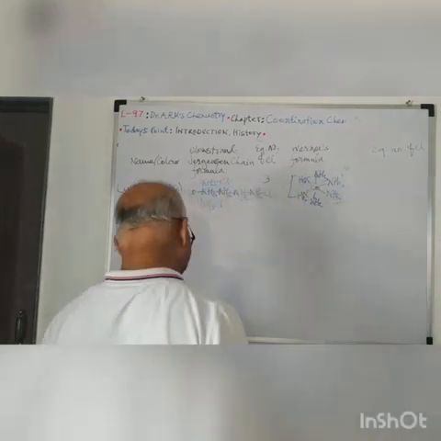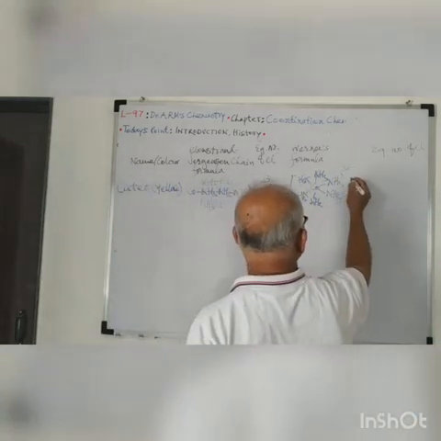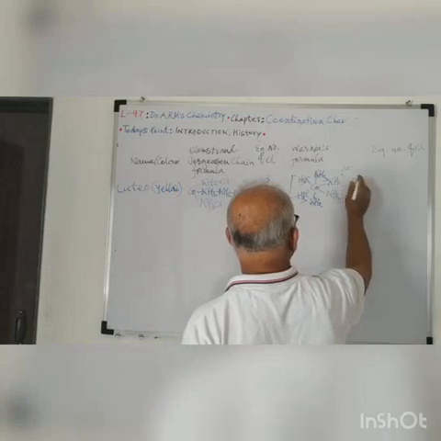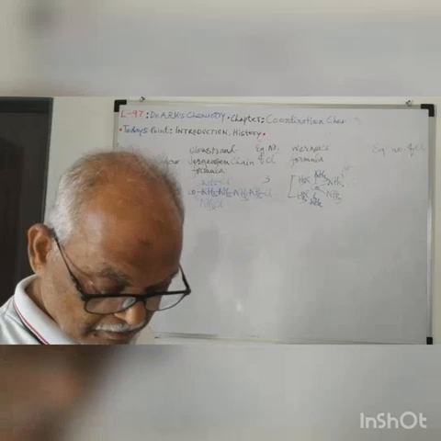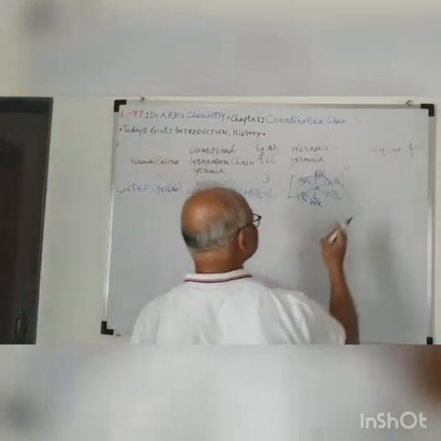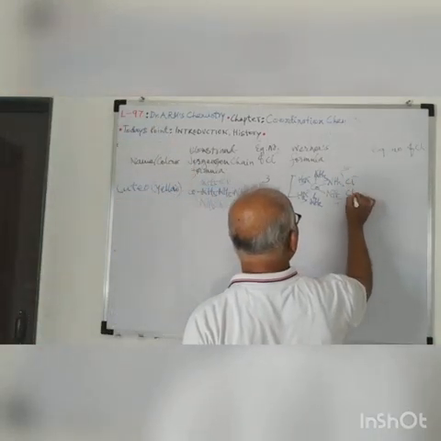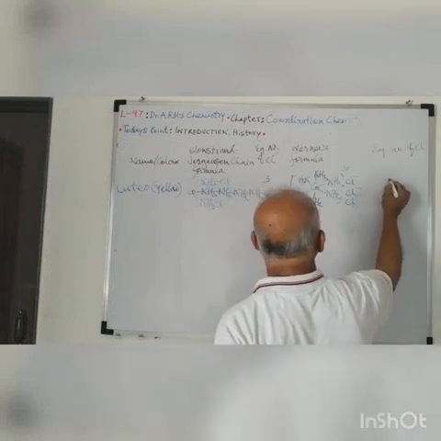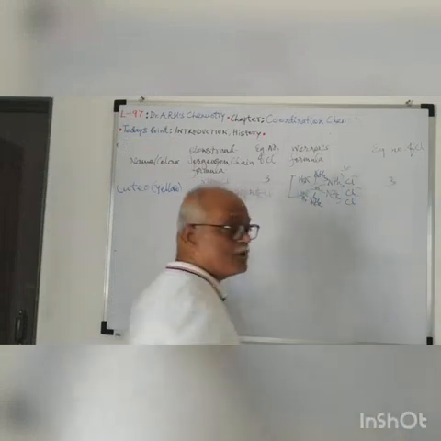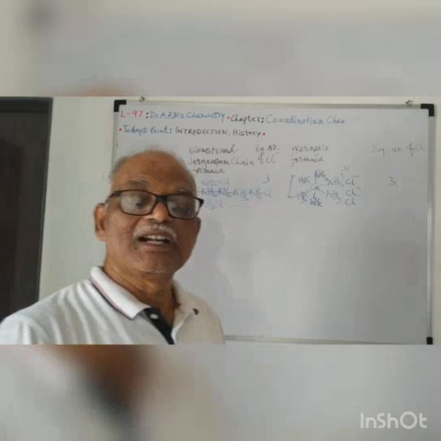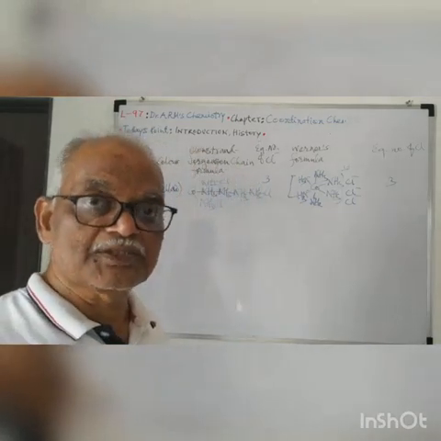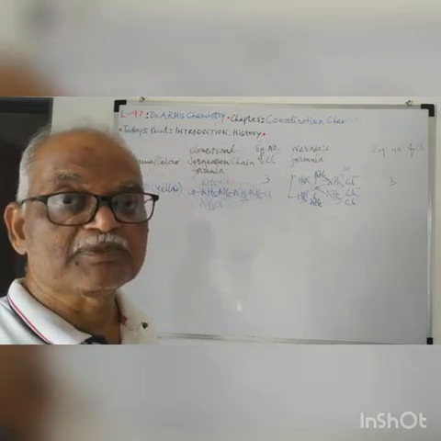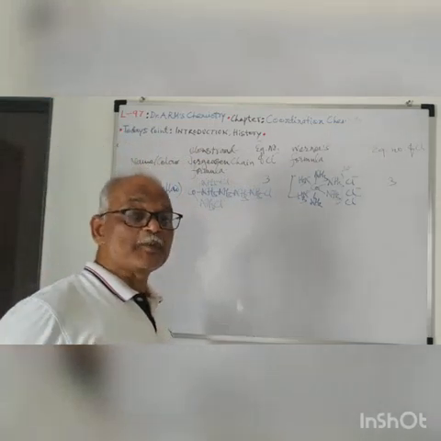Three plus, and these were neutralized by 3Cl-, Cl-, Cl-. And Werner also proved that the equivalent number of Cl- is 3, and it was supported by the precipitate of AgCl.